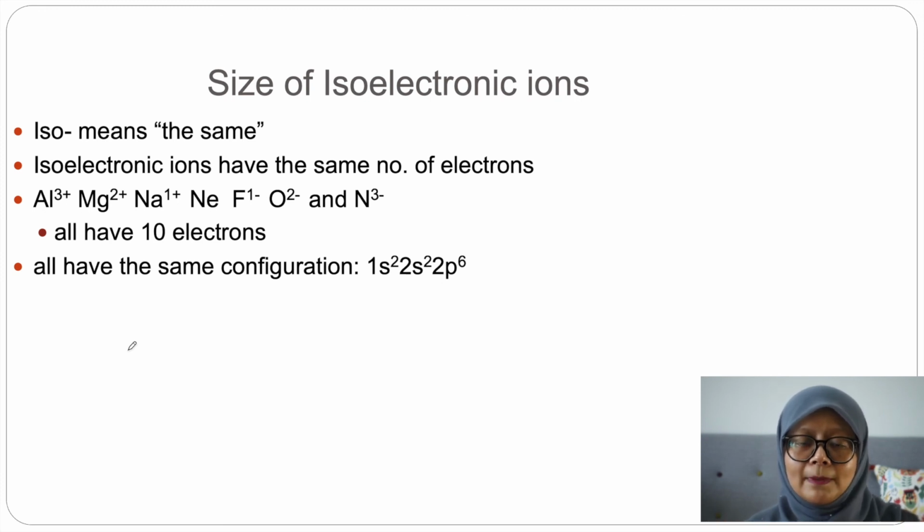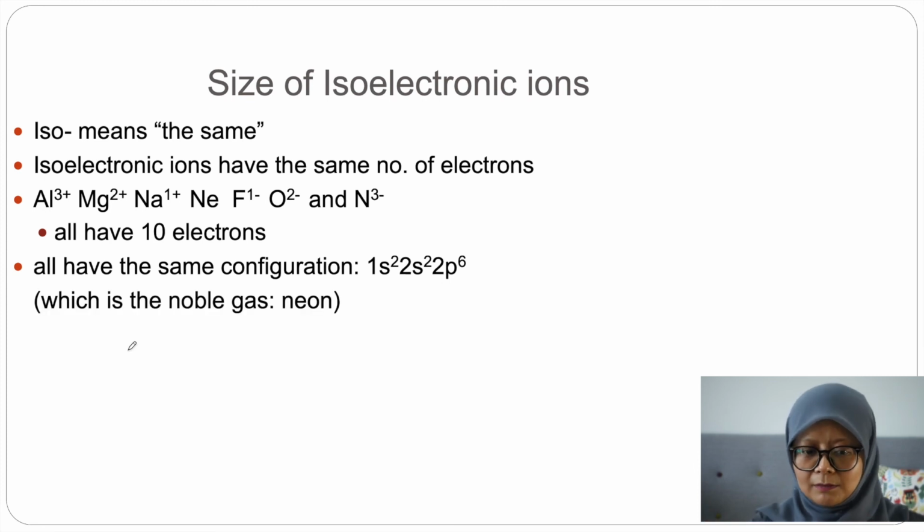So they have the same number of electrons, so they will have the same electron configuration, but please bear in mind, it doesn't mean that they need to have the same size, because cations will become smaller and anions will become bigger than their parent atoms.